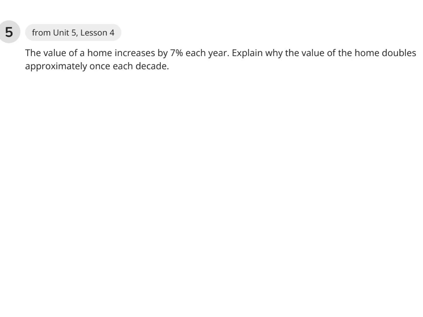Okay, the value of a home increases by 7% each year. So whatever the home price is, let's call it A, which equals 100%. We have to add 7% because that's our increase.